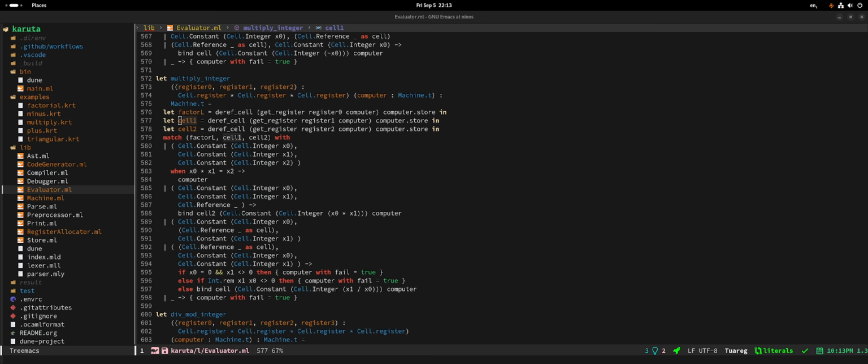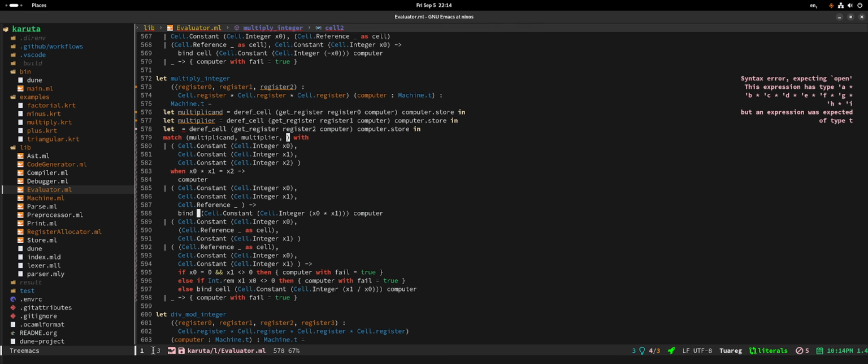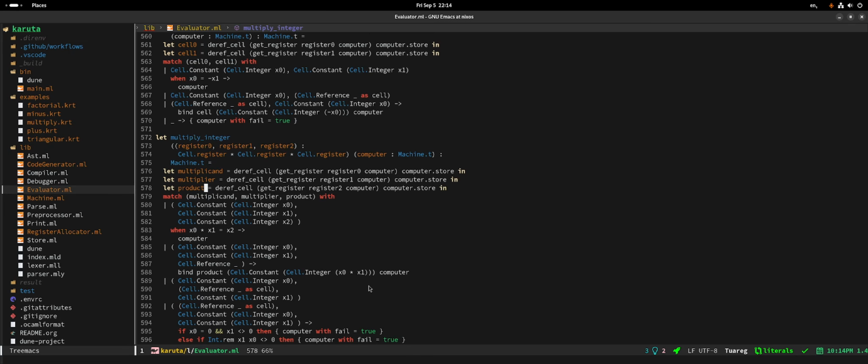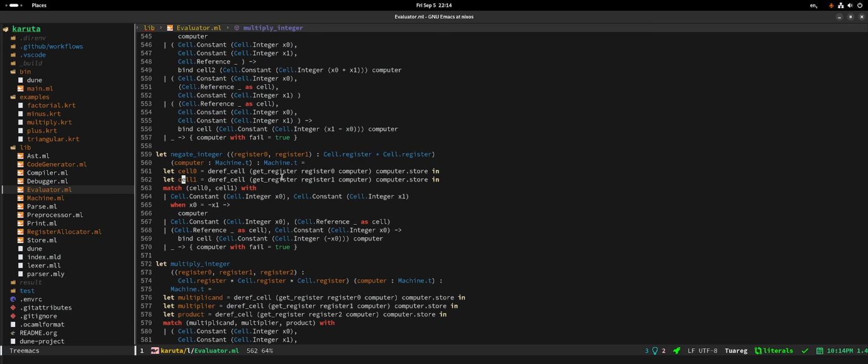Multiplicand and multiplier, I think. Let's go with that. Multiplicand, and the other one is multiplier. And the result is the product. Third grade stuff, folks. You should remember. Nomenclature.